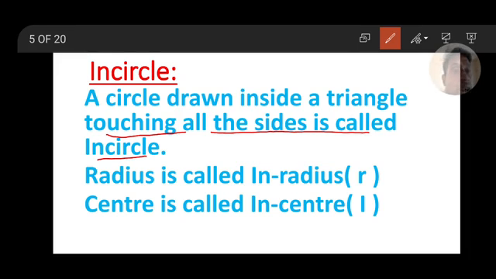Its radius is called the inradius, and it is denoted by small r. The center of the circle is called the incenter, denoted by capital I. Incenter is capital I, inradius is small r.